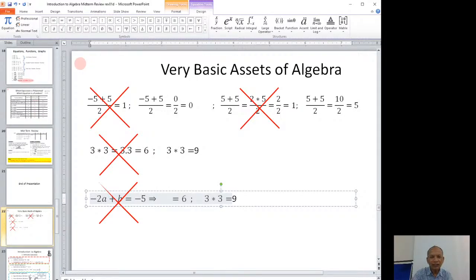Okay, like this. b equal negative 5 plus 2a. Okay, this is good.